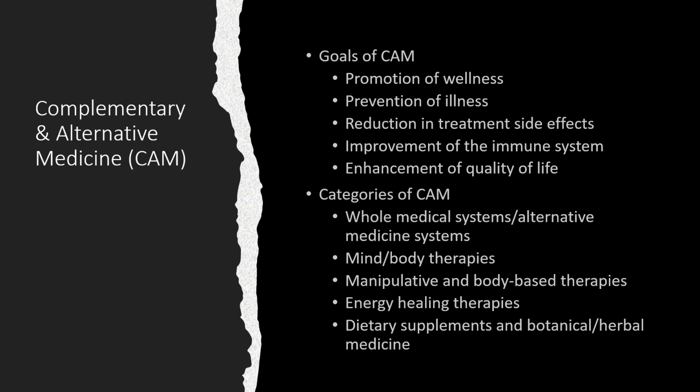The 5 categories of CAM are: 1. Whole medical systems, alternative medicine systems. 2. Mind-body therapies. 3. Manipulative and body-based therapies. 4. Energy healing therapies. And 5. Dietary supplements and botanical herbal medicine.